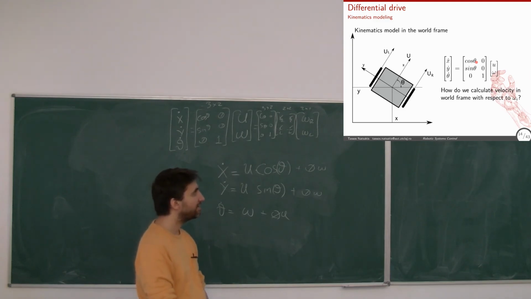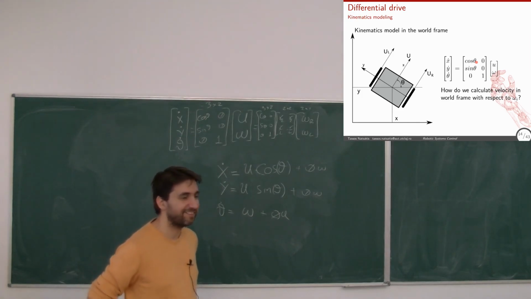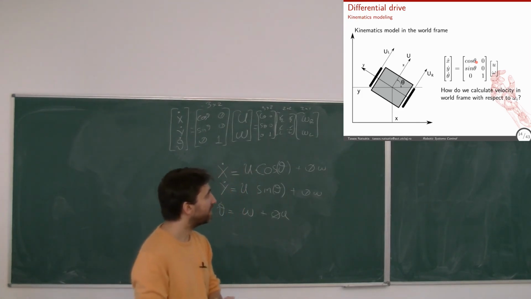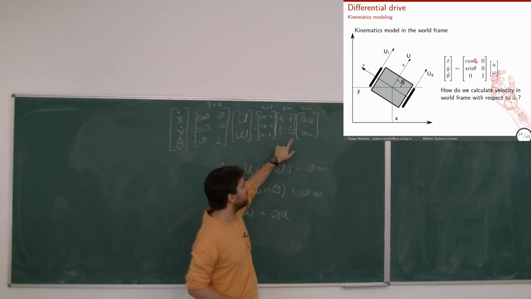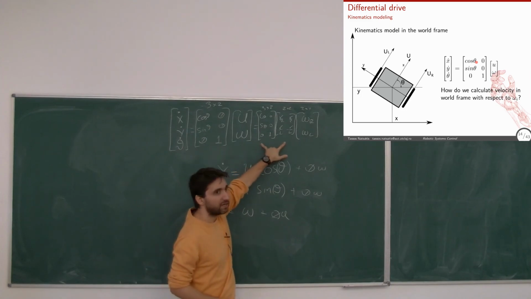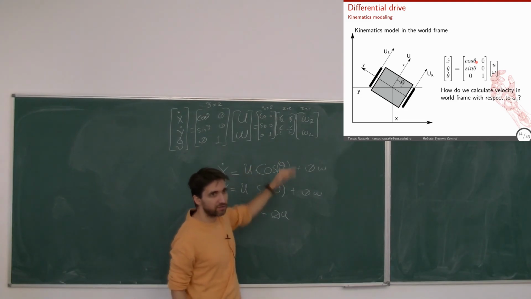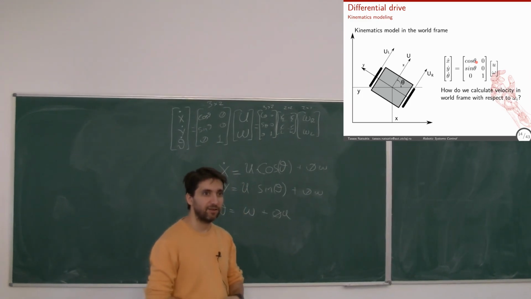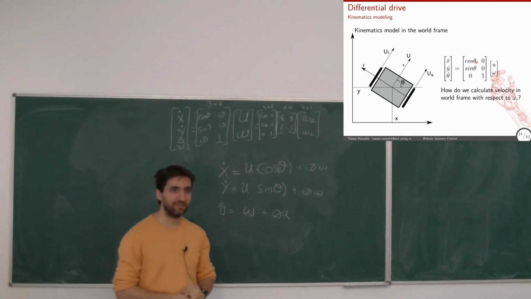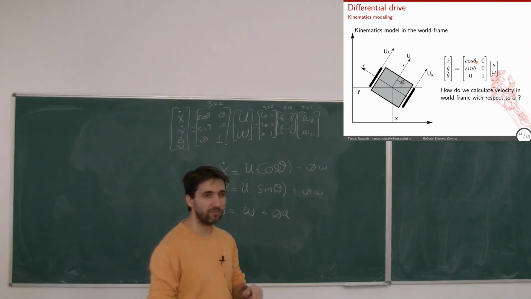You are a bit sleepy today, I think. Why can I not take the inverse? Basically, this will give me a resulting matrix which shows me the relation between this and this. Why can't I take the inverse? What's the dimension of this? Can I take the inverse of a 3 by 2? Second, third year, 2 by 3. You will take it in algebra. You cannot take the inverse of a non-square matrix.